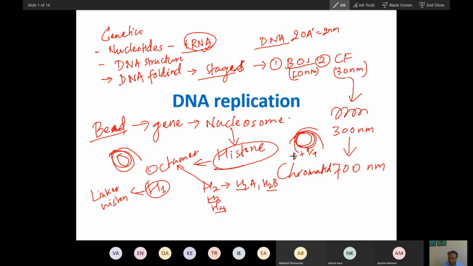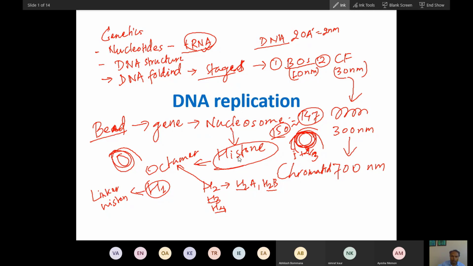So this will be 1 plus 3/4 fold, sometimes 2/3 fold, sometimes 3/4 fold they call. So about 147, near about 150 bases are wrapped around this. So remember, this is the preview of what we have done in genetics.